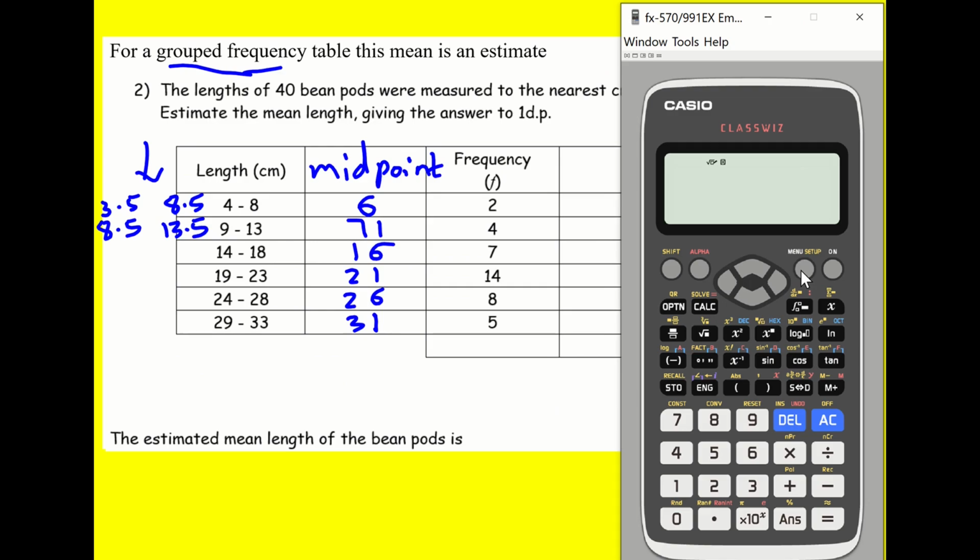So return to menu, statistics, one variable, get your frequency table up. Note that we're now basically treating it as not a grouped frequency table, but a normal frequency table. So we're going to use the midpoint. Such a quick method.